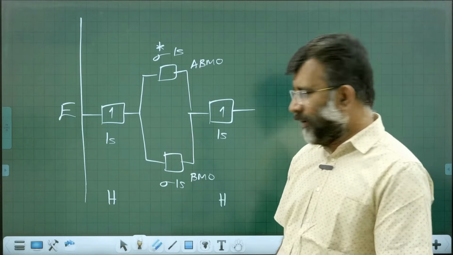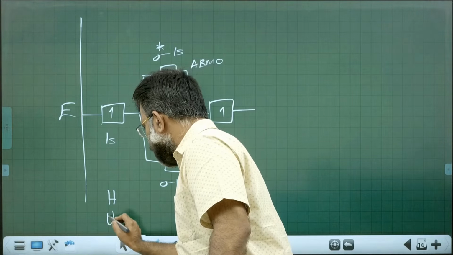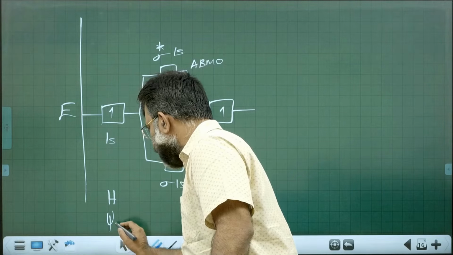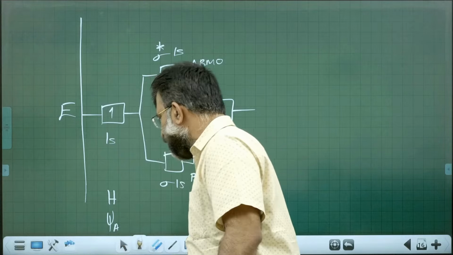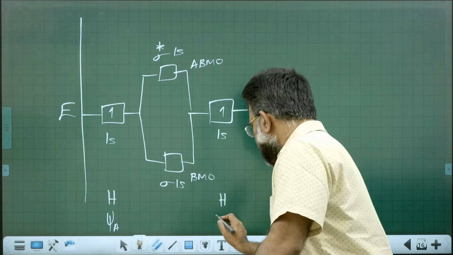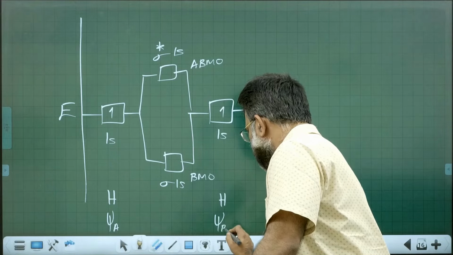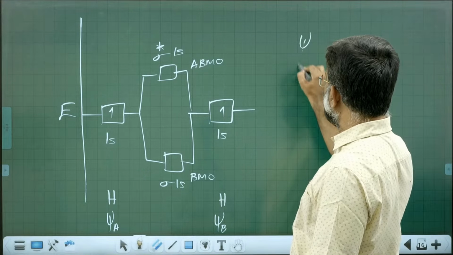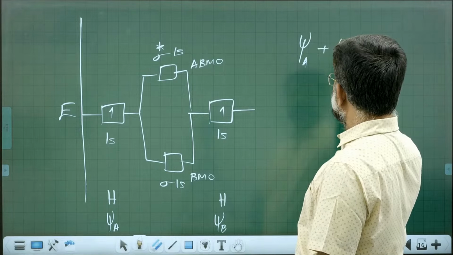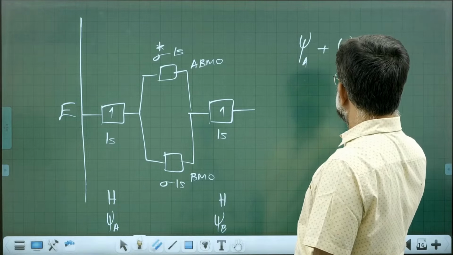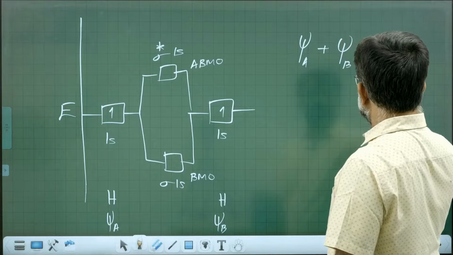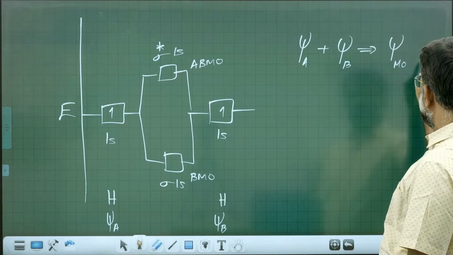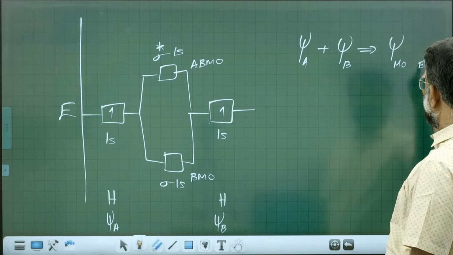All of you know atomic orbital is to be considered as a wave function. This is atomic orbital psi A for the first hydrogen atom. This is atomic orbital psi B for the second hydrogen atom. They can interfere in two ways. Psi A plus psi B, that is called the psi MO, bonding molecular orbital.